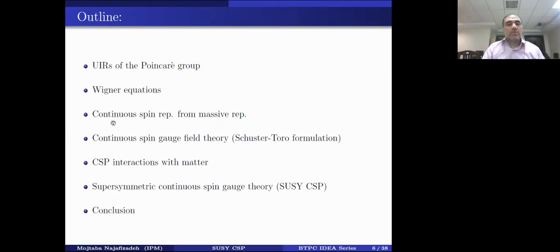Then we talk about the continuous spin representation, which can be obtained from the massive representation. Then we discuss a consistent gauge field theory for this particle. Mostly we focus on the Schuster-Toro formulation. And then we speak about CSP interactions with matter and its supersymmetry.